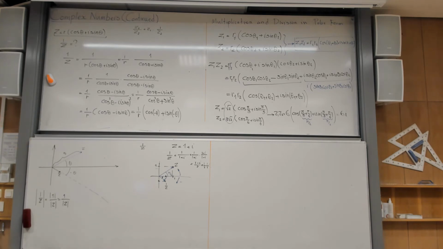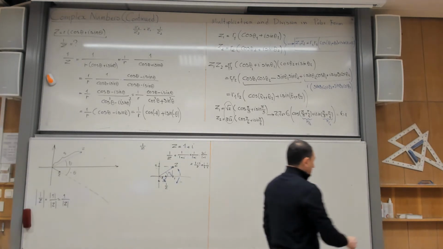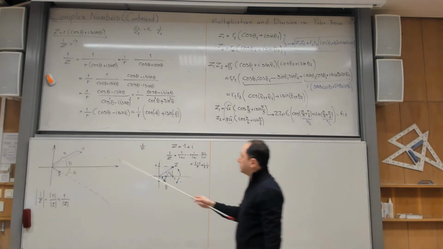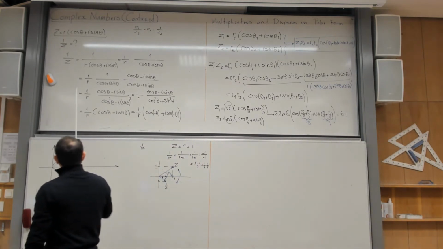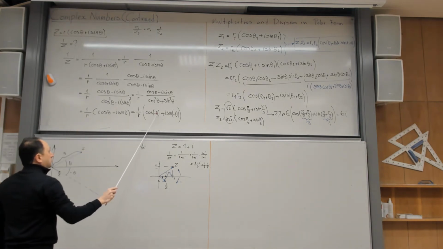So we learned that if I give you a complex number, you can immediately write it in the polar form, and you can immediately write its reciprocal again in the polar form. What you are supposed to do is take that r, which is the absolute value, find the reciprocal of that, and put it here, and whatever you have for the argument, you just multiply it by negative.